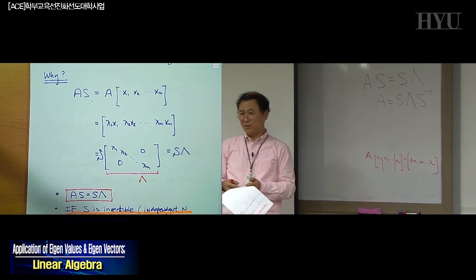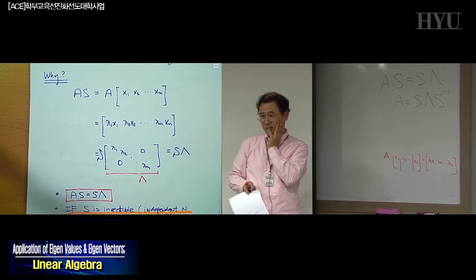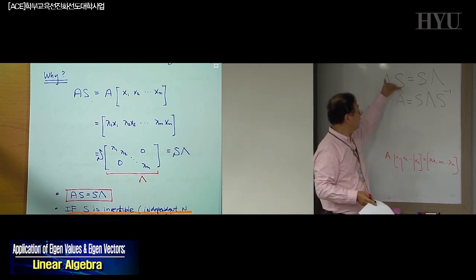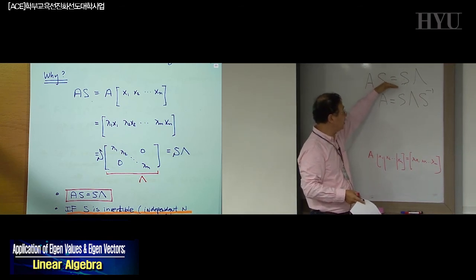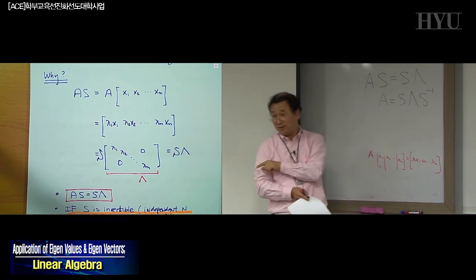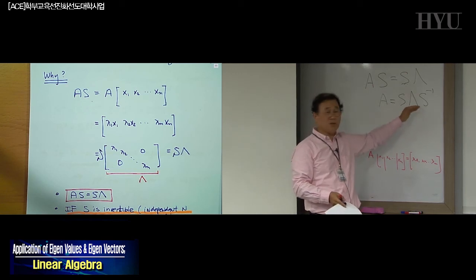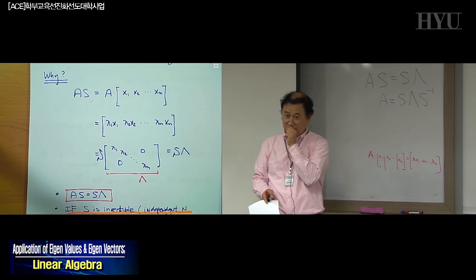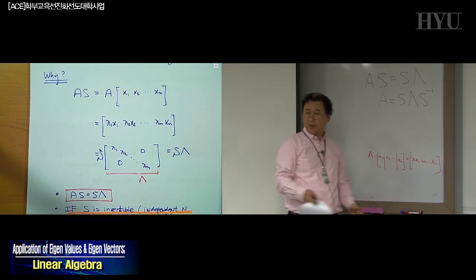When does S inverse exist? When you move from here to this, S inverse should exist, right? Otherwise it doesn't make sense. So S inverse exists when all the columns are independent, which means all the eigenvectors are independent. Then it's possible, right?